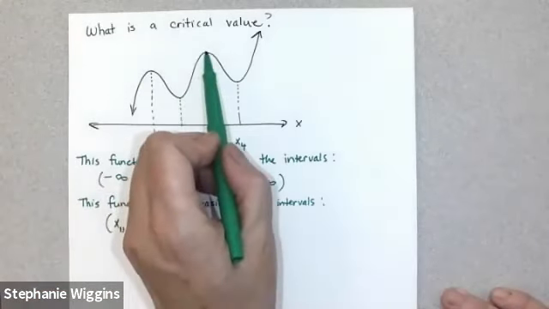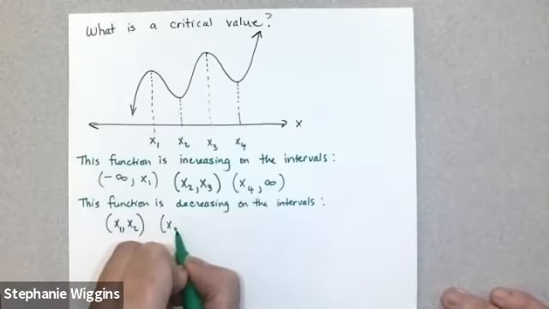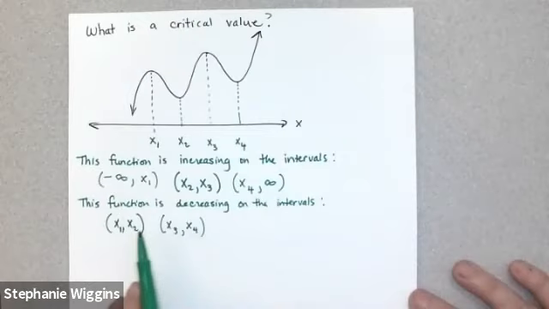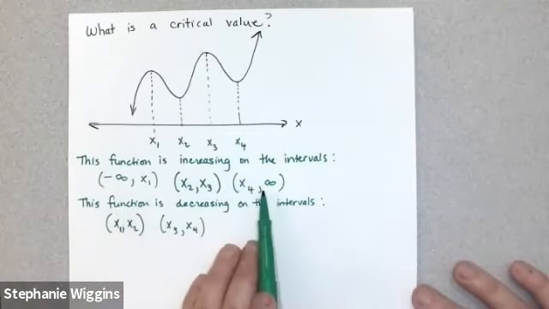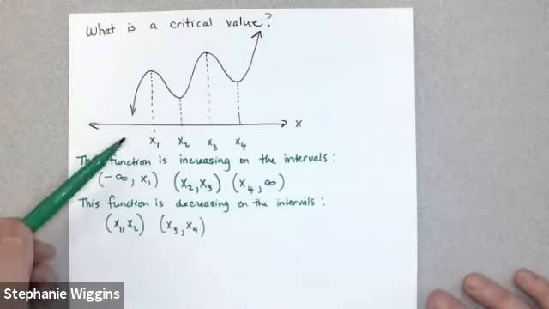And then again, from here to here, it's decreasing. So x3 to x4. So these intervals cover the entire x-axis, but on these three intervals, it's increasing, and on these two down here, it's decreasing. Okay, and you can kind of see that.